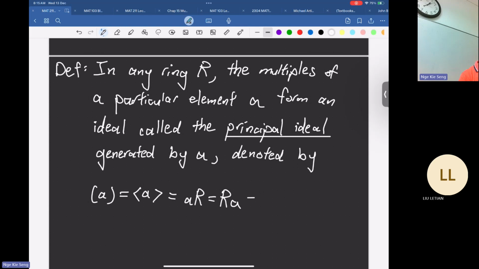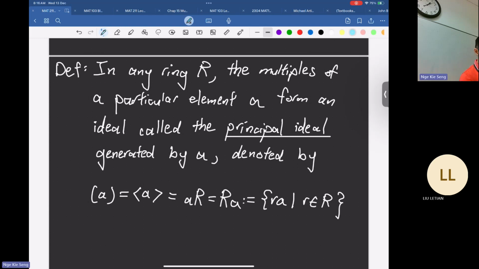So what is this set here? This set is just r times a for all r in R. You take an element a and multiply with any ring element, and this constitutes a set. And then we say that this is an ideal. Can you prove that? Is this an ideal or not?